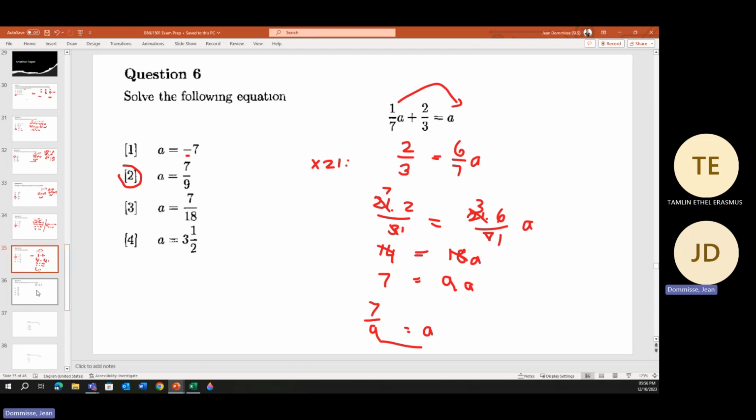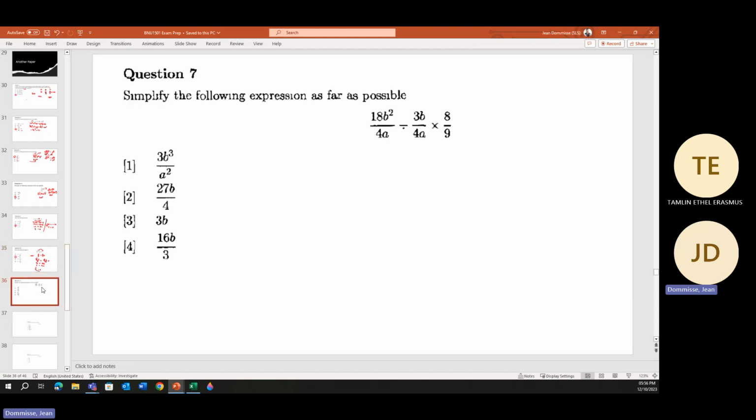Okay, so let's look at the next one. So now we're basically looking at an expression, but that must be divided. So now we need to follow the rules. So I will just work from one side to the other.